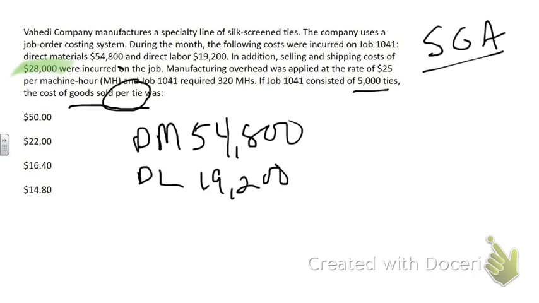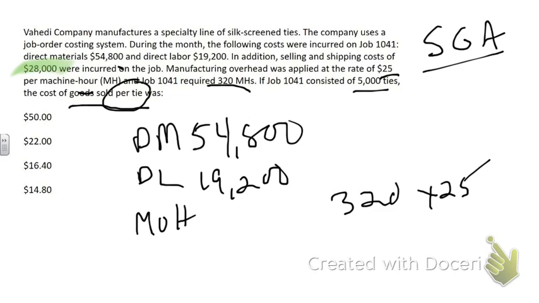Manufacturing overhead was applied at the rate of $25 per machine hour, and it required 320 machine hours. So my manufacturing overhead is going to be 320 hours, okay, at $25 an hour.